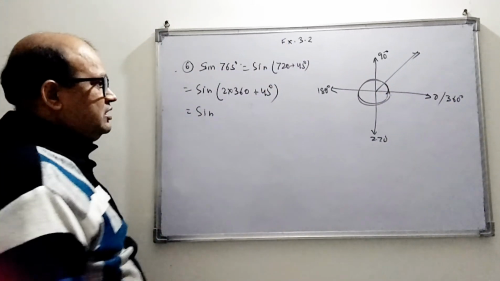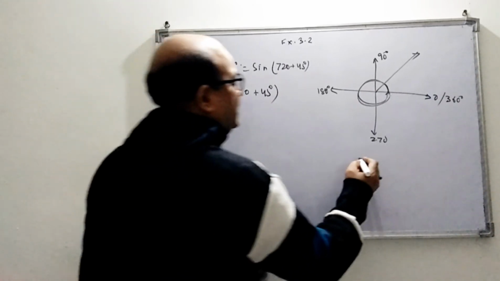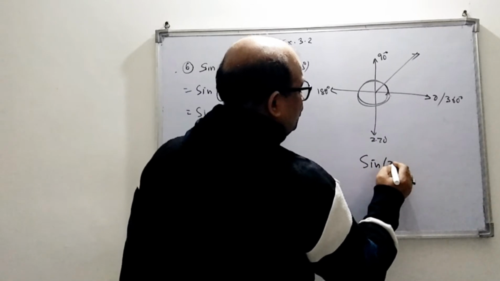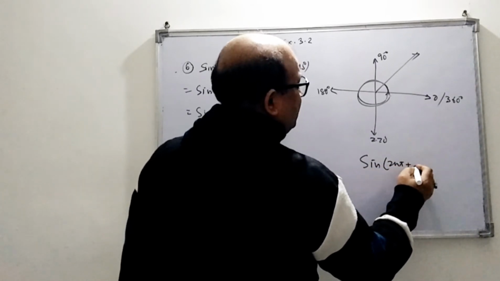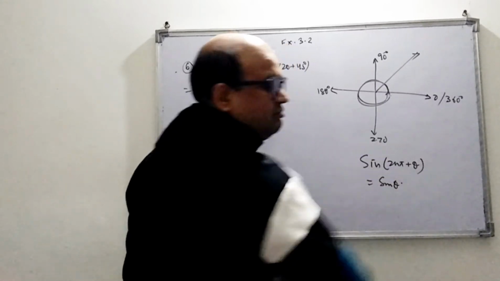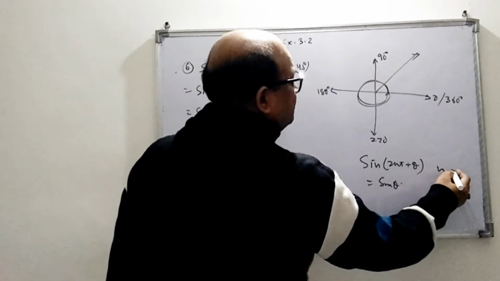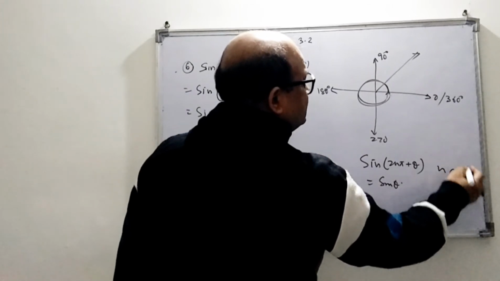So what I taught you earlier, you have the identity: sin of 2n pi plus theta equals sin theta, where n belongs to integers.